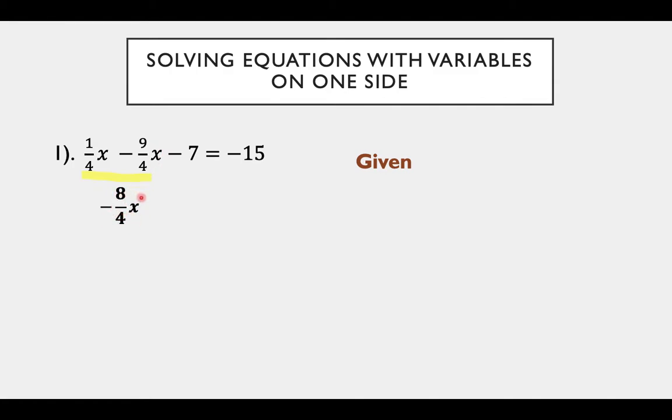And notice how I can simplify negative 8 divided by 4x. That's going to give me negative 2x. And then I bring down this minus 7 and equals negative 15, just bringing down the remaining equation.